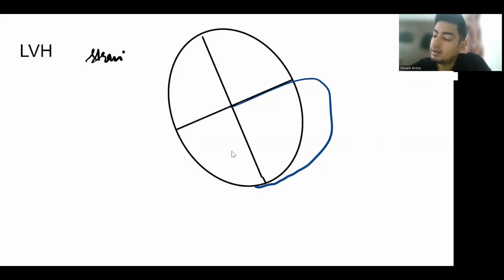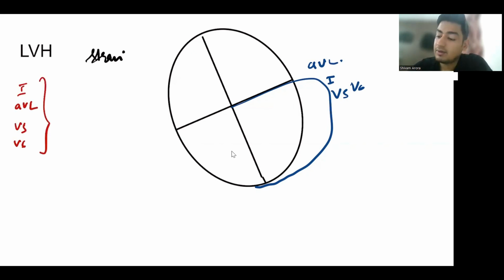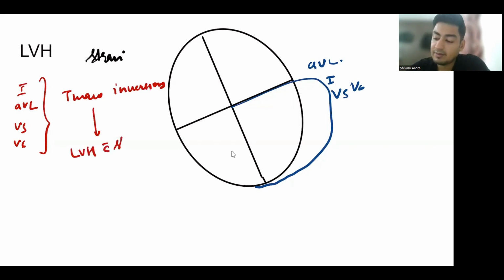Okay. These are V5, V6, 1, AVL. These are my lateral leads. Okay. These leads will show T-wave inversions. If T-wave inversions are there in these leads, then we will say that it is LVH with strain.